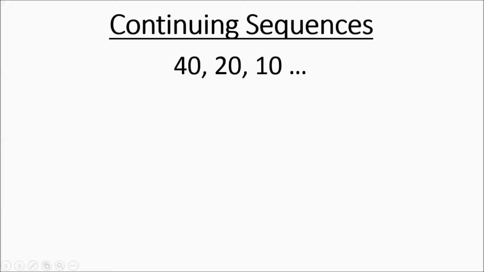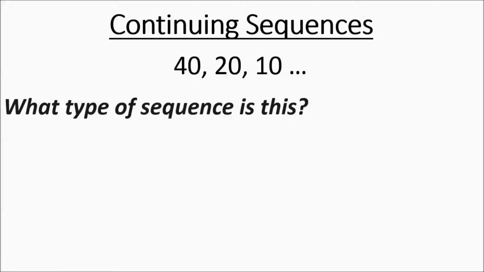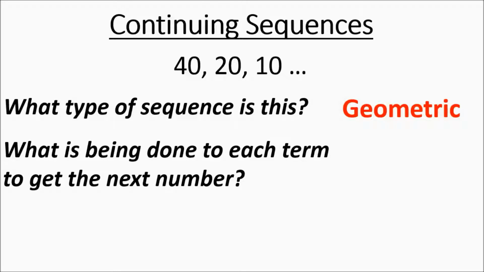Our final one, we have 40, 20, 10. If we put them on a number line, they would not be staying the same distance. So this sequence is going to be a geometric sequence. So what is being done to each term to get the next number? Looks like you're dividing each one by 2. So a couple ways you could look at this.